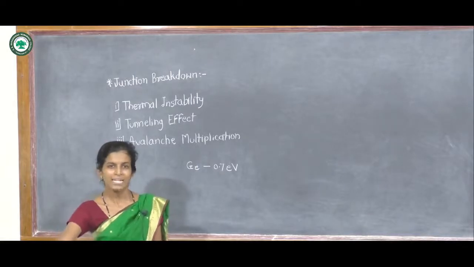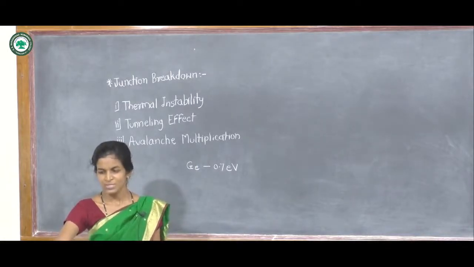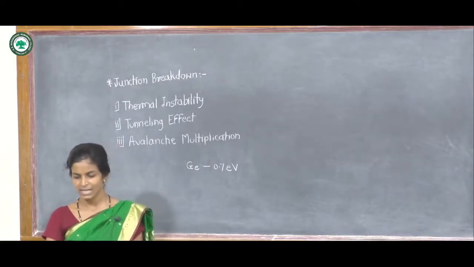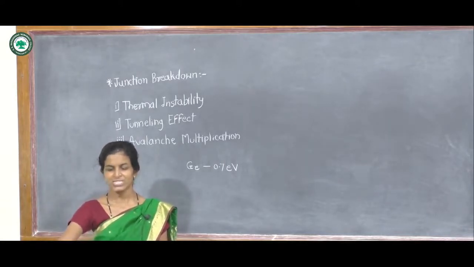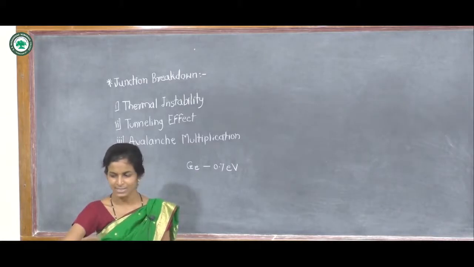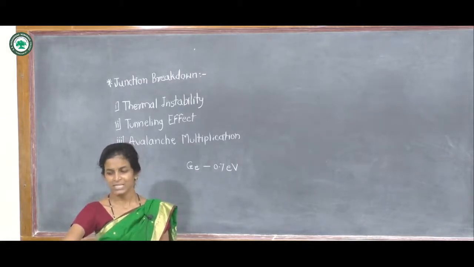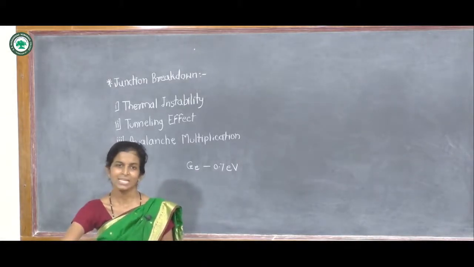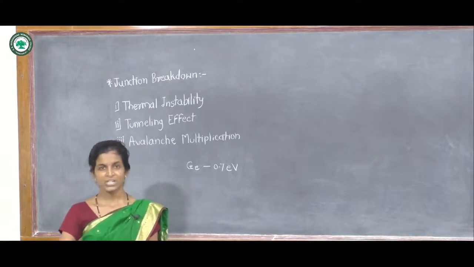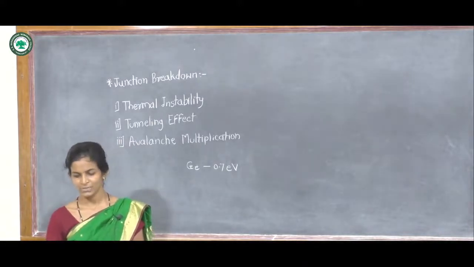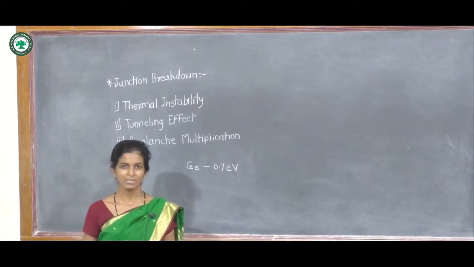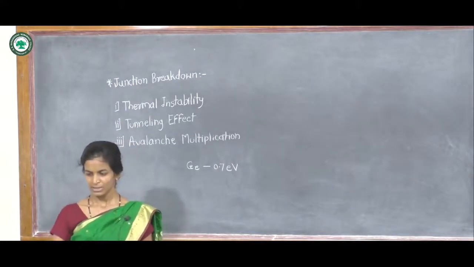Because of high dissipation caused by the reverse current at high reverse voltages, the junction temperature increases. This increase in temperature in turn increases the reverse current in comparison with its value at lower temperatures, lower voltages.